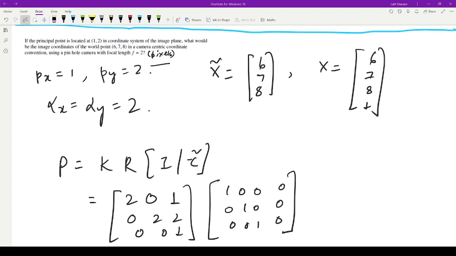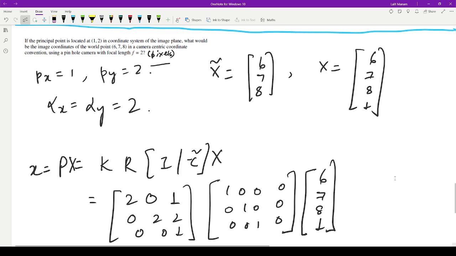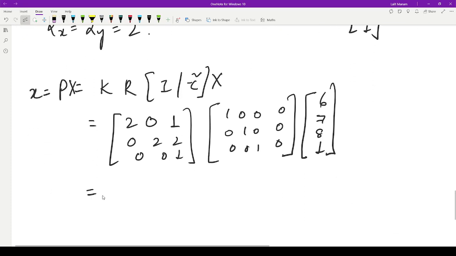So given that we have P, we need to find what? P into X, which gives us small x, for the point 6, 7, 8, 1. This leads us to an answer like 22, 20, 22, 8.